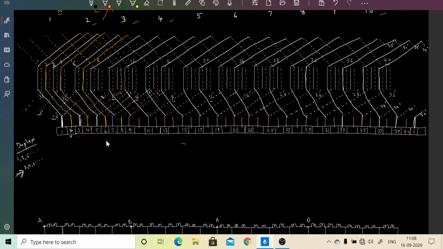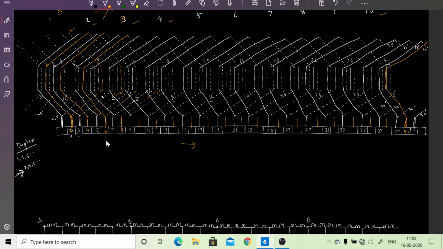Similarly it goes on like this, and at coil 40, where is 40? This is coil 40, upper coil side 40, which is connected to segment 40, and the other side will be connected to 40 dash. 40 dash is here on the left side. This 40 dash is now connected to commutator segment 2 here.